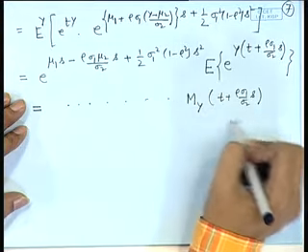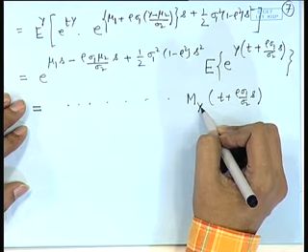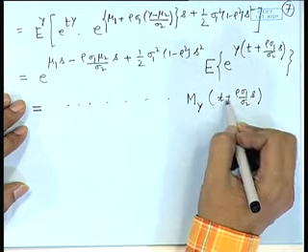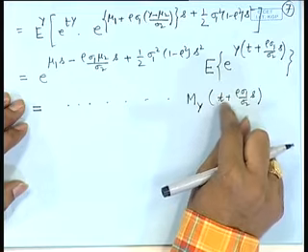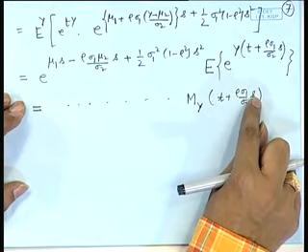So, notice here that the distribution of y is again univariate normal with parameters mu 2 and sigma 2 square. Therefore, the moment generating function has a known form. In place of the point t, we substitute t plus rho sigma 1 by sigma 2 s.